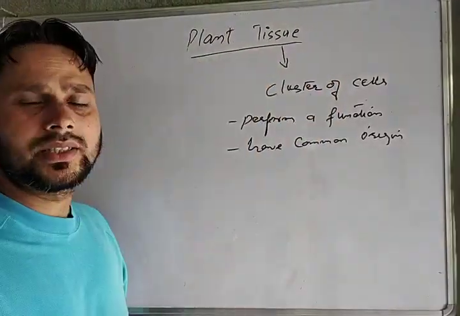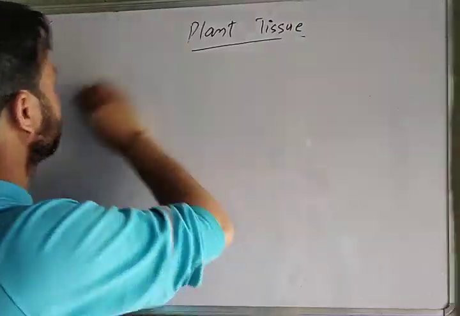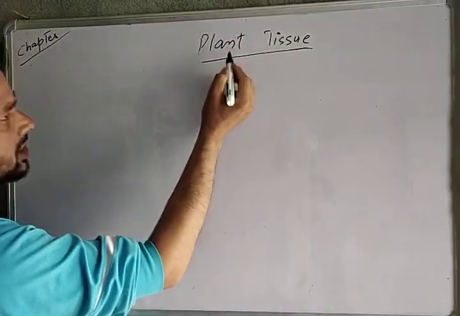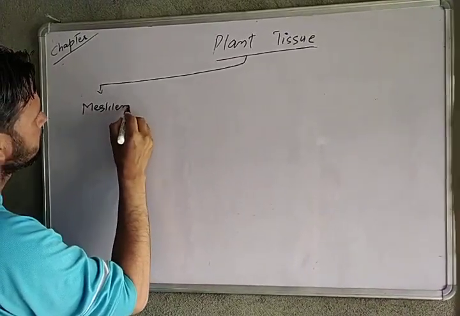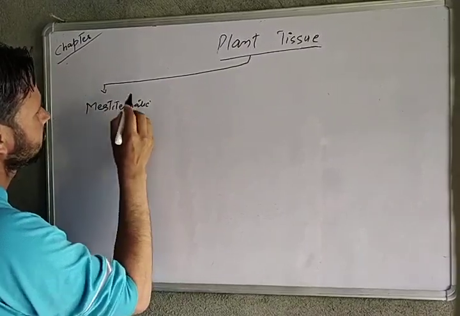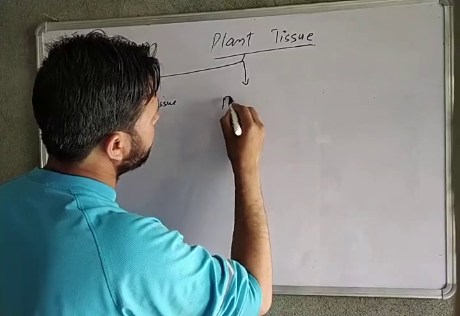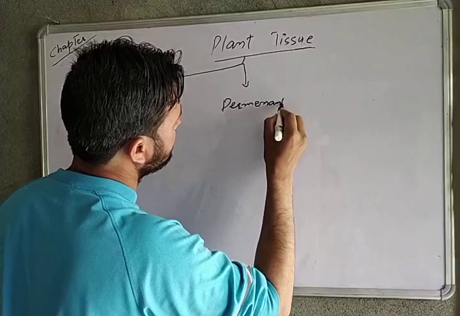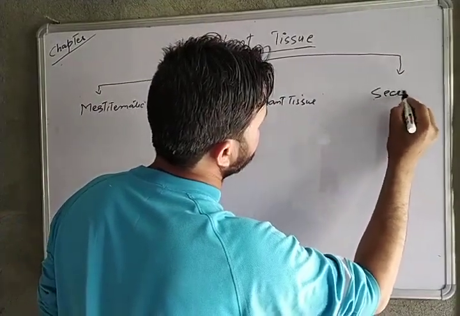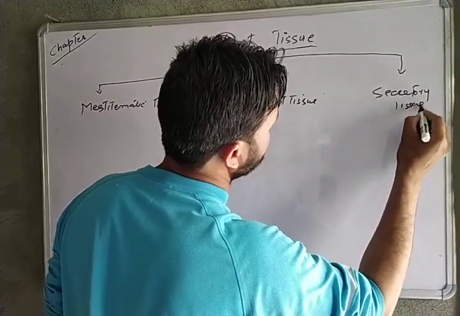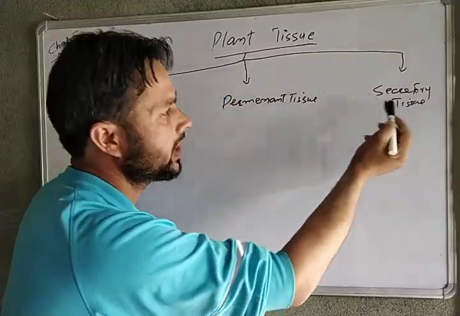So in plants there are different types of tissues. For example, this plant tissue has different types: meristematic tissue, permanent tissue, and secretory tissue.